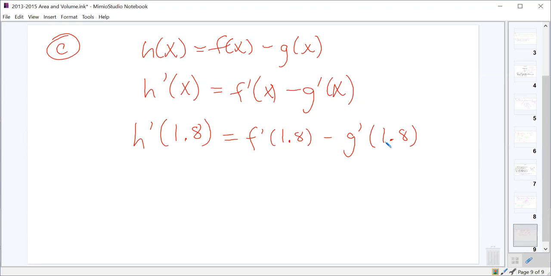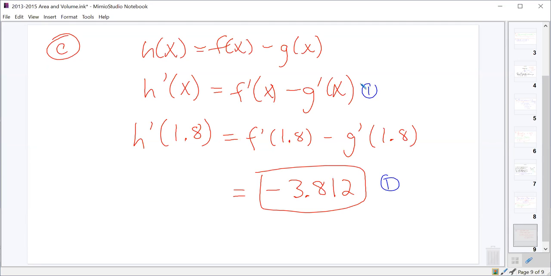And so you'll just use the derivative function on your calculator to evaluate the derivative of f at 1.8, the derivative of g at 1.8, and find the difference between them. It should have come out to be negative 3.812. In this one, they gave a point for the final answer and a point for appropriately figuring out what h prime should be equal to.